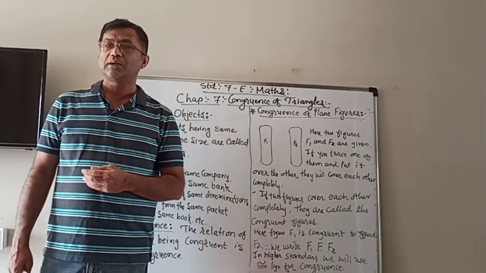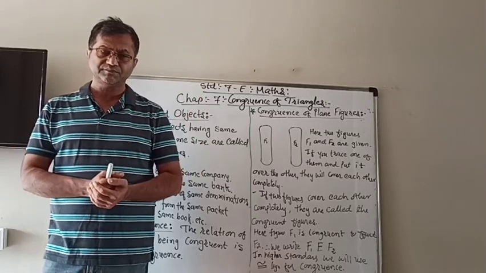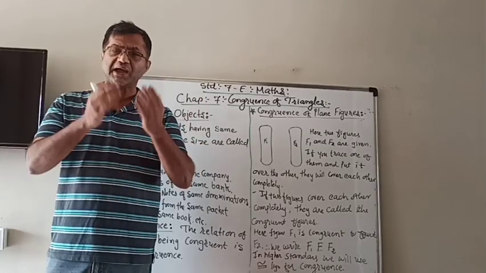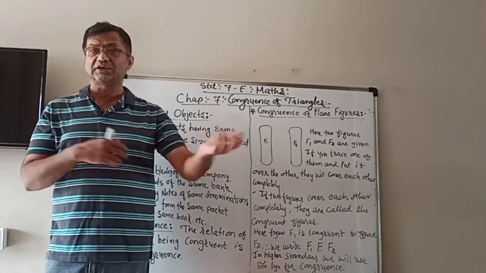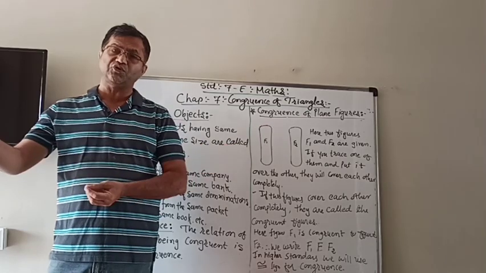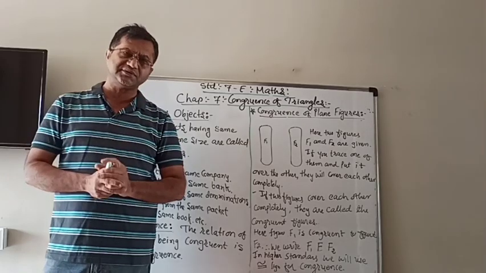If you open your Parle-G biscuit packet or any other, all the biscuits will have the same shape and same size. It will not be that one biscuit will be bigger, the other smaller, one a rectangle, one a square. No, all of them will be the same shape and same size.